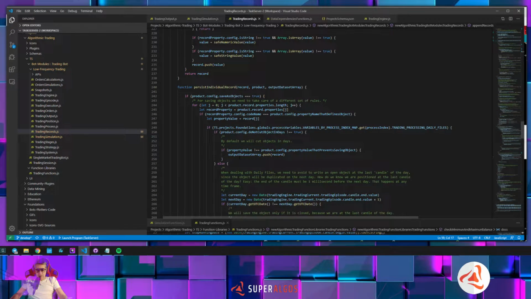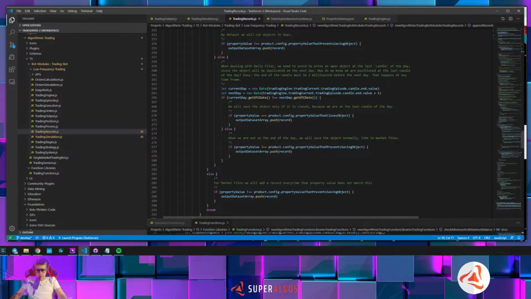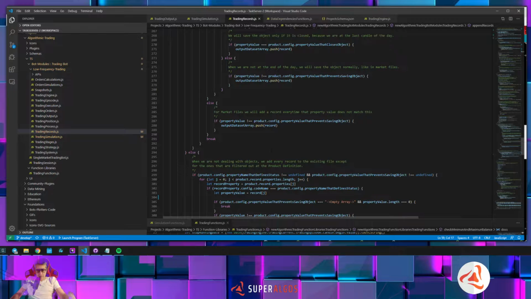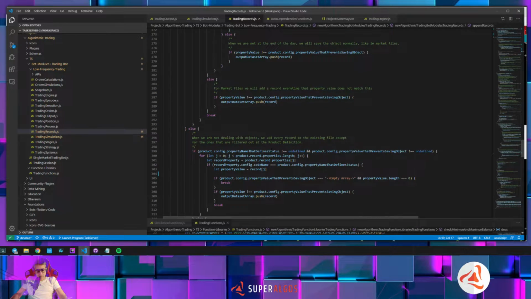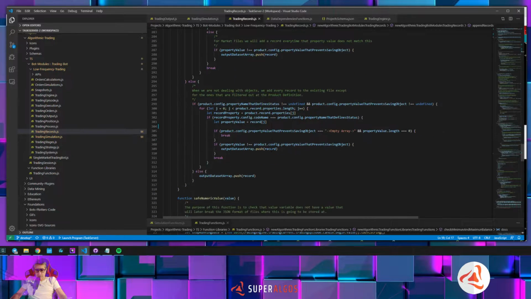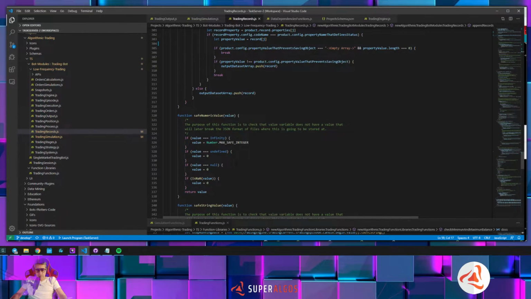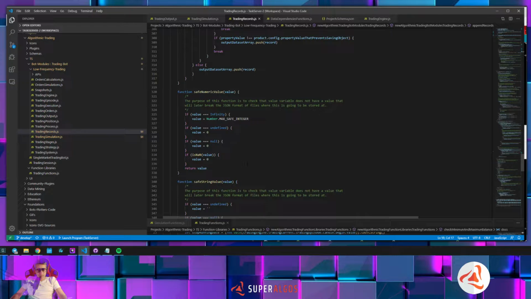So persist individual record. Save numeric value.